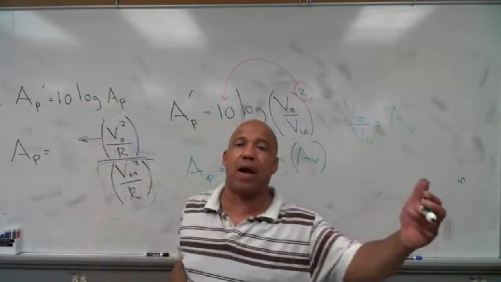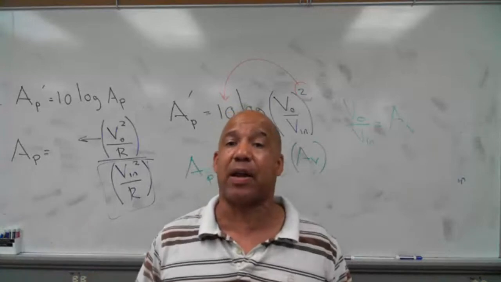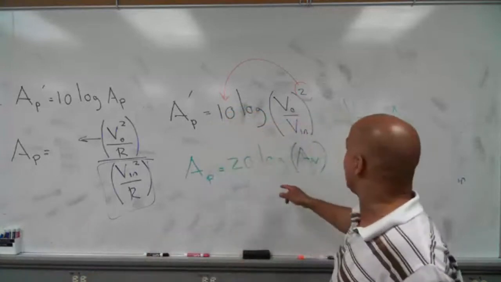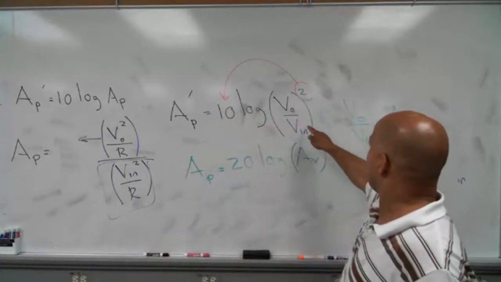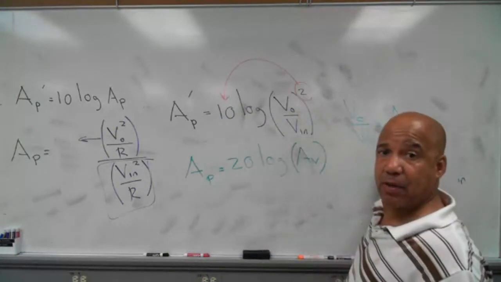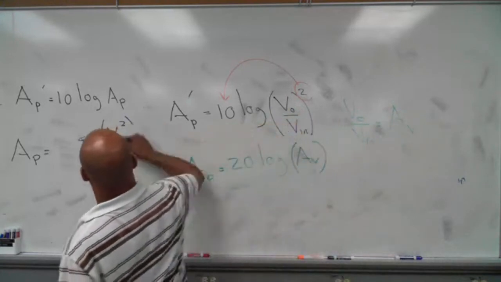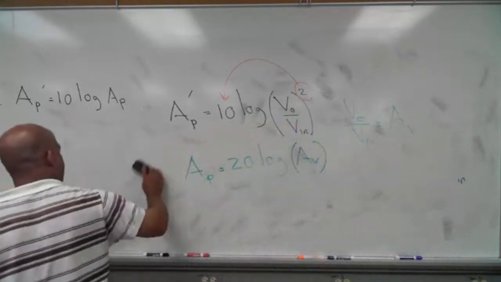Maybe you don't have the power gain, maybe instead you have the voltage gain, but you still want the decibel power gain. I just showed you mathematically that if I know V out and V in, or if I know the voltage gain, I can still get the power gain. So another formula as we go through this filter analysis for you to write down is this one.